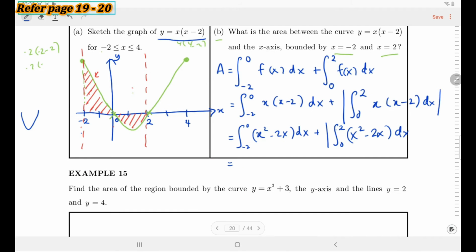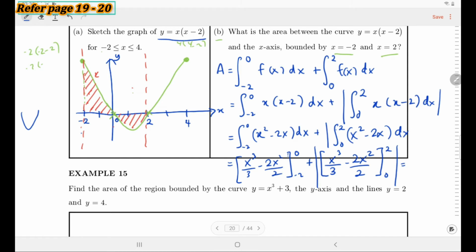Now we integrate them: x to the power of 3 over 3 minus 2x squared over 2, from negative 2 to 0, plus the same here, x to the power of 3 over 3 minus 2x squared divided by 2 from 0 to 2.